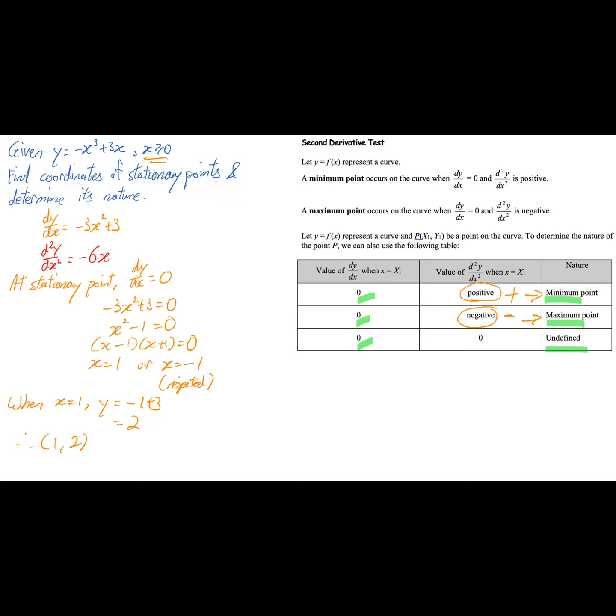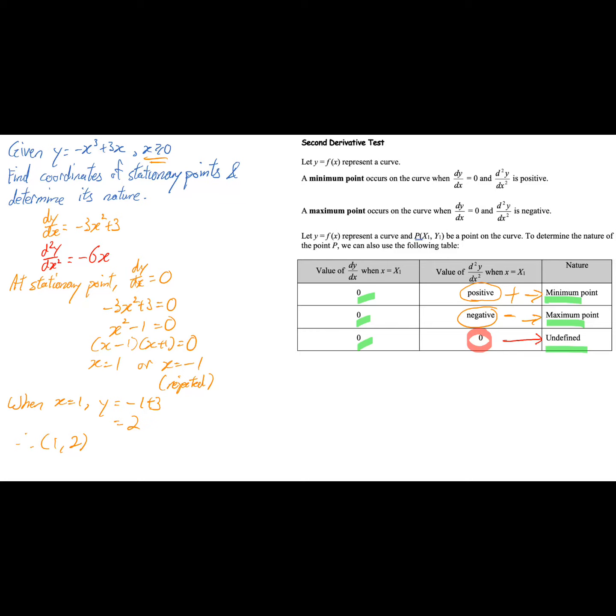Now, the tricky part comes in when d2y/dx squared gives us 0. It tells us that it is undefined. When we apply the second derivative test and d2y/dx squared gives us 0, that means we cannot define whether it's a maximum, minimum, or a point of inflection. Most likely it will not be a maximum or minimum point; it will be a point of inflection.